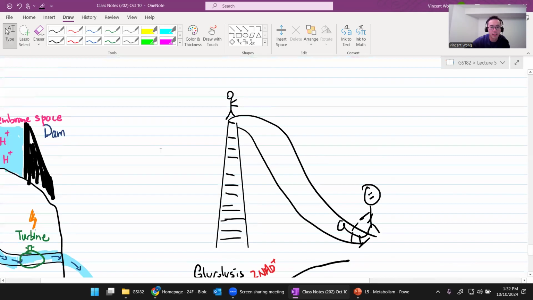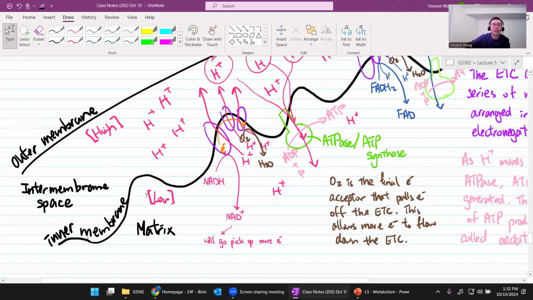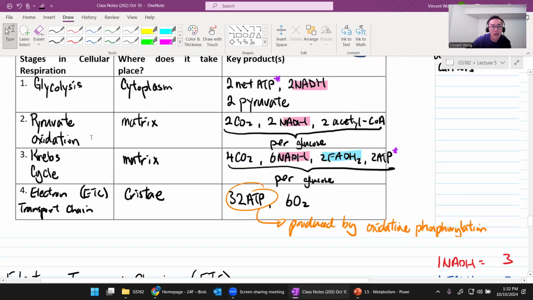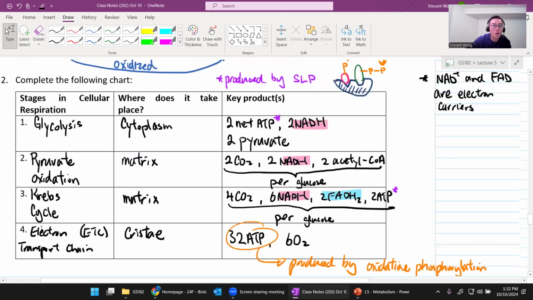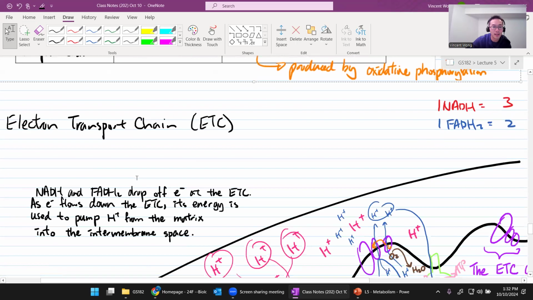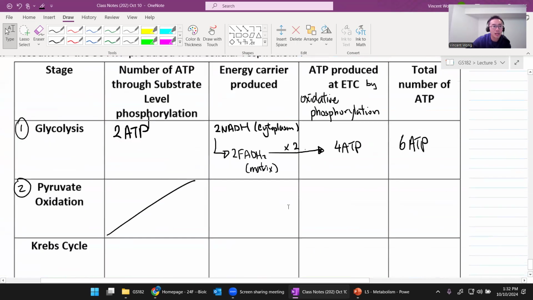I'm just curious, so that I can help you find the right answer. Because in the notes, it says the key product is 1 cycle produces 1 ATP, 2 carbon, 3 NADH, and 1 FADH. Oh, you're looking at the Krebs cycle. That's why. We're still at stage number 2, which is the pyruvate oxidation. Does that make sense? Yes. Very good. So it's 2, right, guys? 2 NADH.